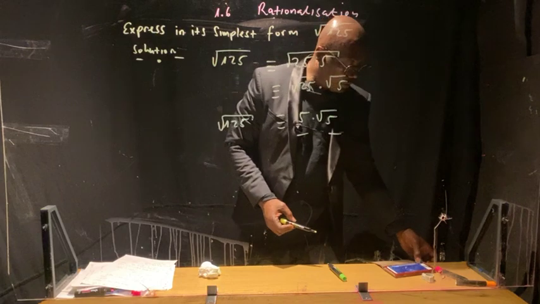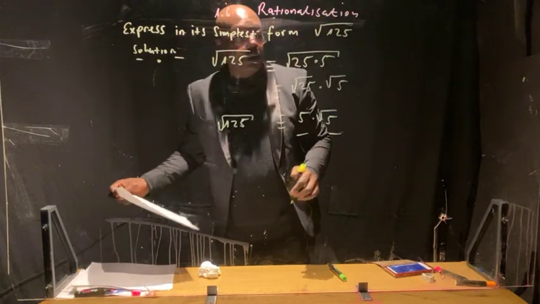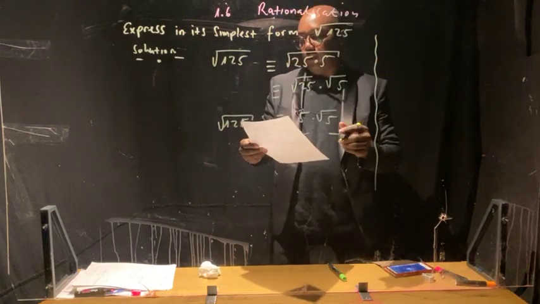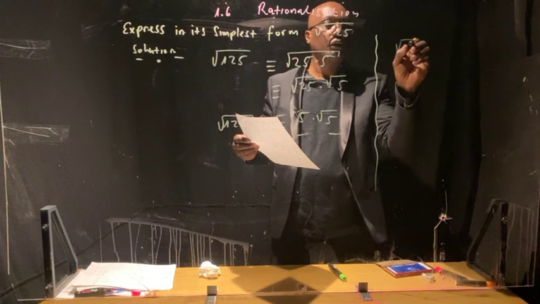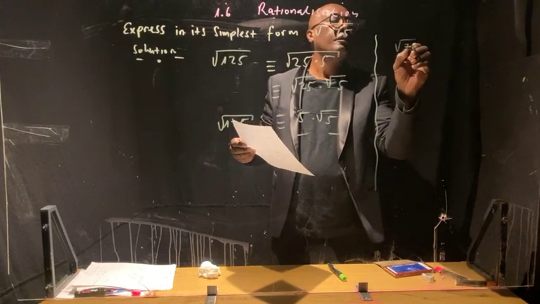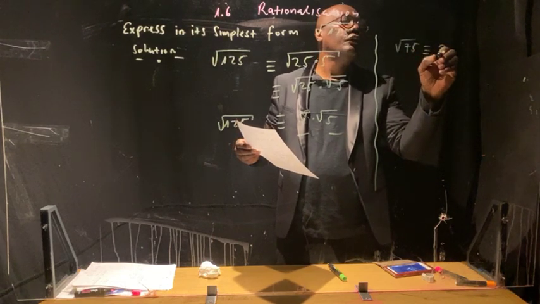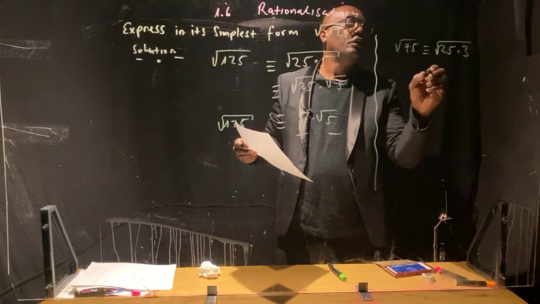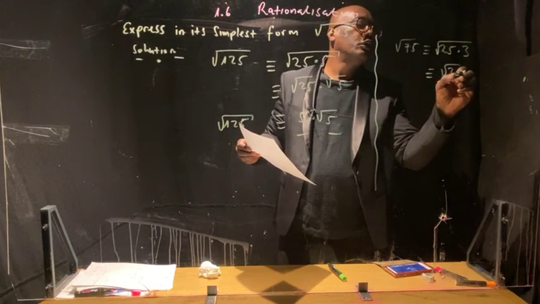We take the next question. In the same way, root of 75 is equal to root of 25 times 3, which is equal to root of 25 multiplied by root 3.